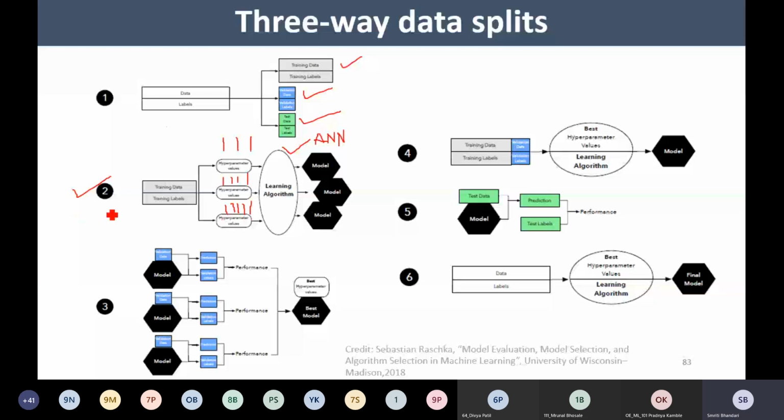So that is what my step number 2. So I am trying to tune now my hyperparameter values. Are you getting me? If you have any doubt, please feel free to ask the doubts. Is there any doubt so far? Have you understood this concept?